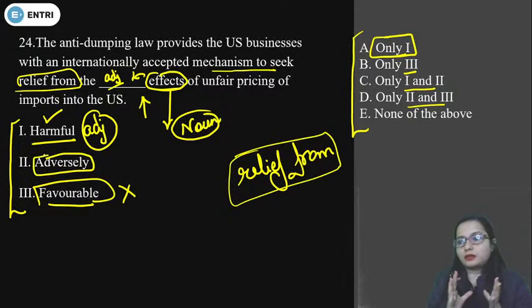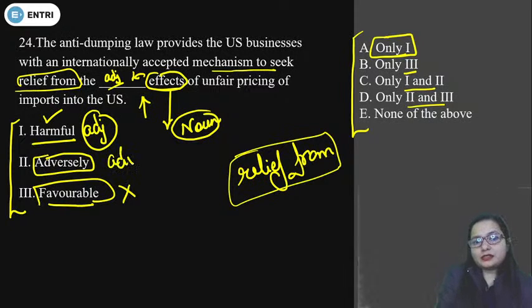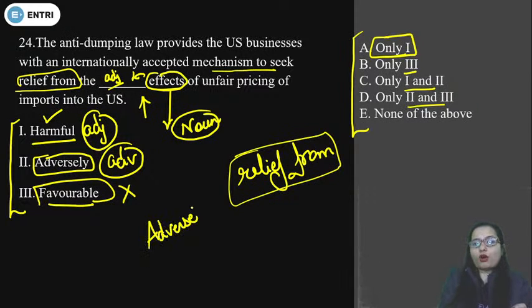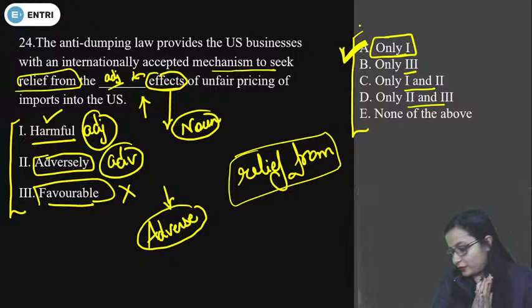It means similar to harmful, but actually it is an adverb, and we need an adjective. If it were adverse, if we had an option like that, then you could choose that word also, but because it is an adverb, you have only and only this option, only one, which has harmful, right?